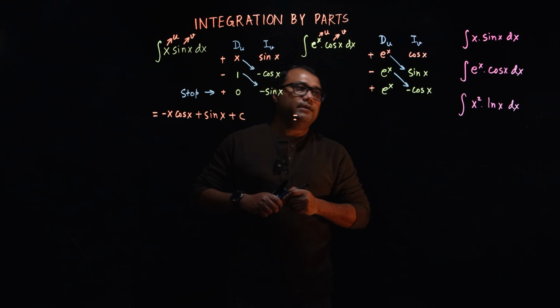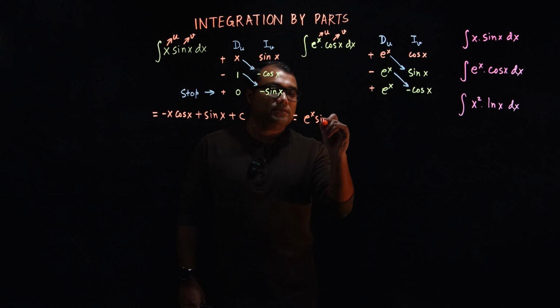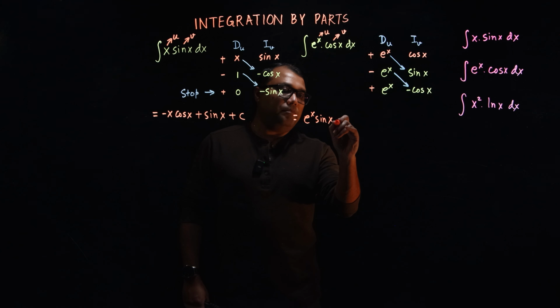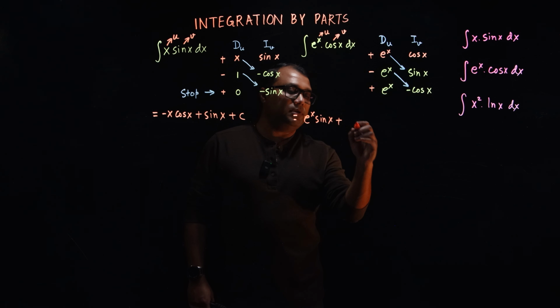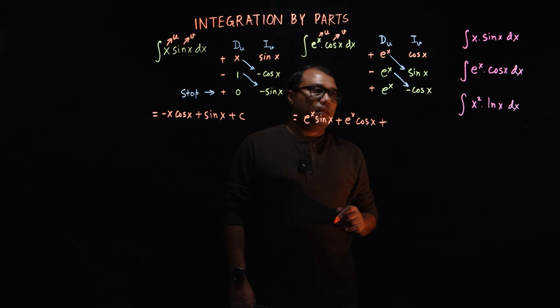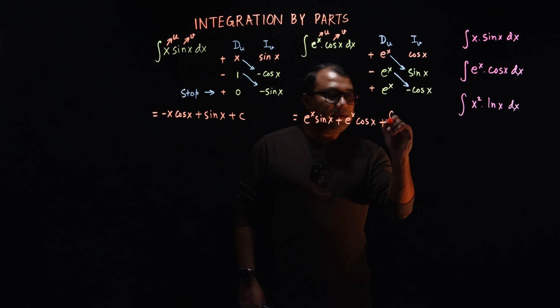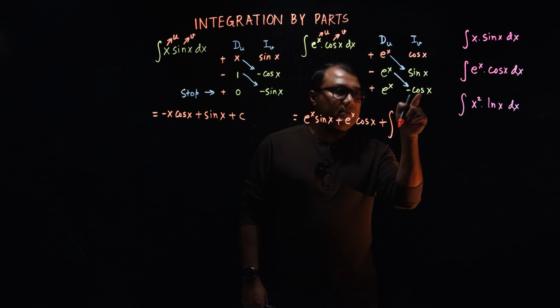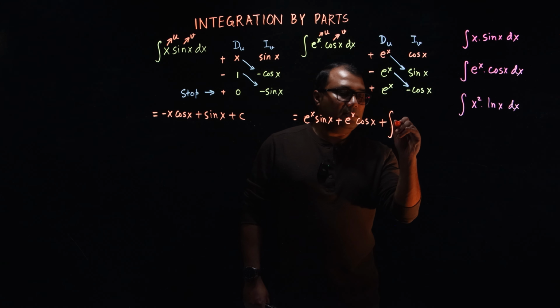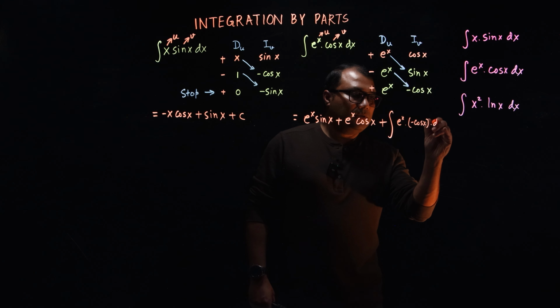So, our result is e to the power x sin x plus minus minus plus e to the power x cos x plus, the last row whatever we have, this will be the integral of this times this. So, e to the power x times minus cos x dx.